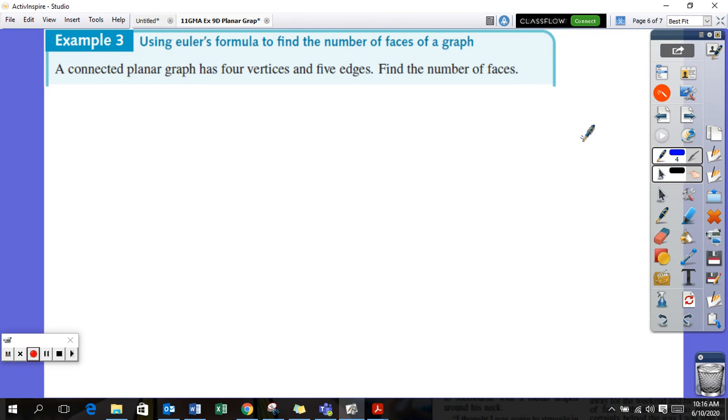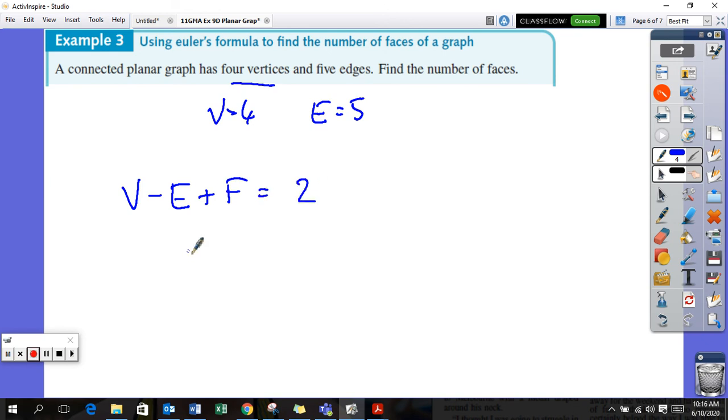Okay, now this example we're going to use Euler's formula to find the number of faces of a graph. So a connected planar graph has 4 vertices, 5 edges. Find the number of faces. So we've got V minus E plus F equals 2.